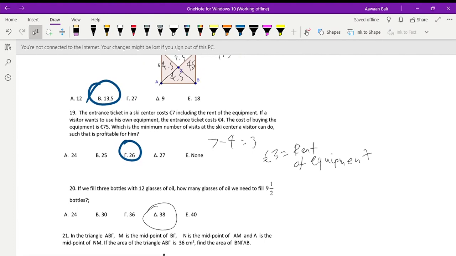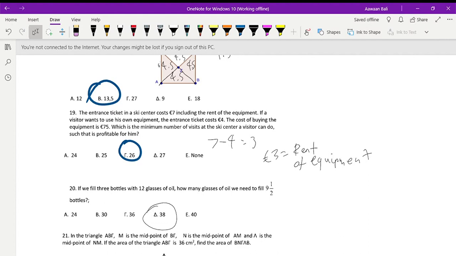Now basically what you do is that when you're doing a rent, you're kind of saving up money in a way, because when you're doing rent, you have more time to collect up money for the skiing.